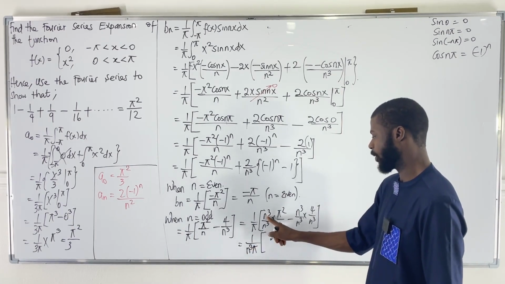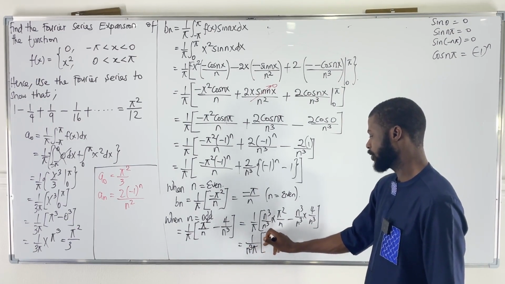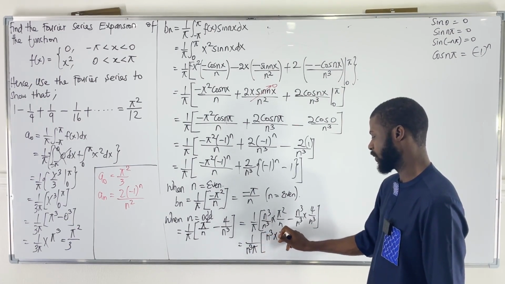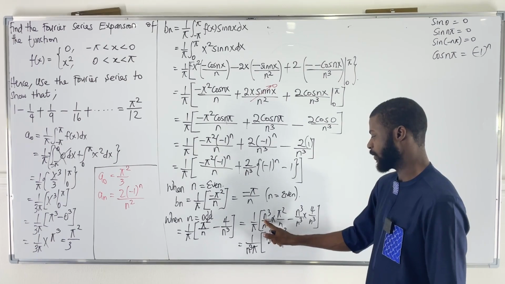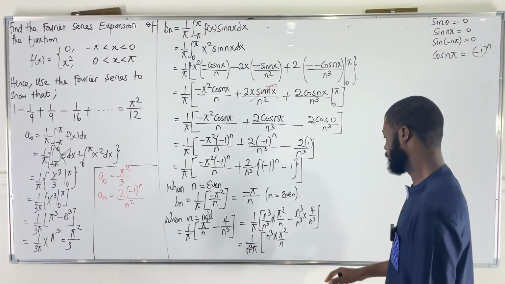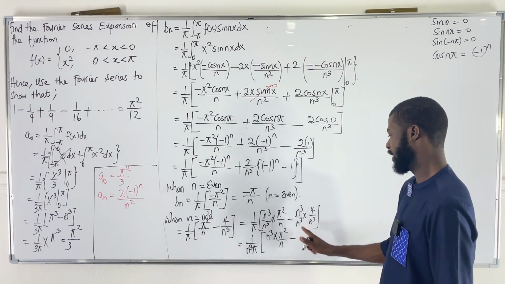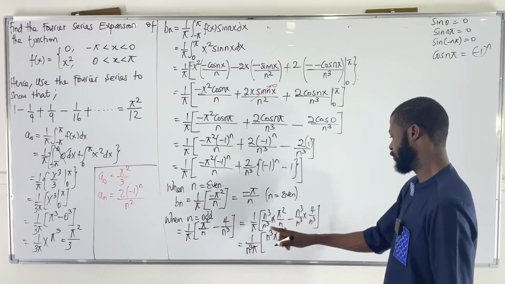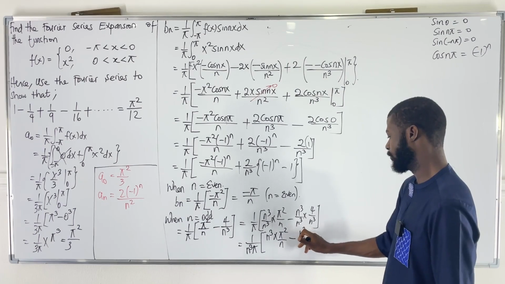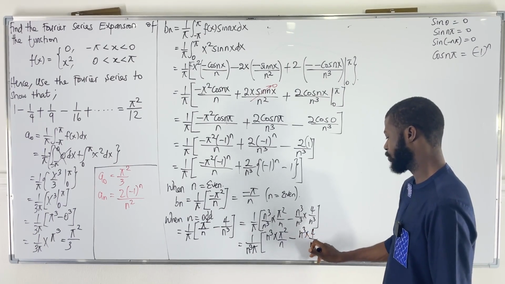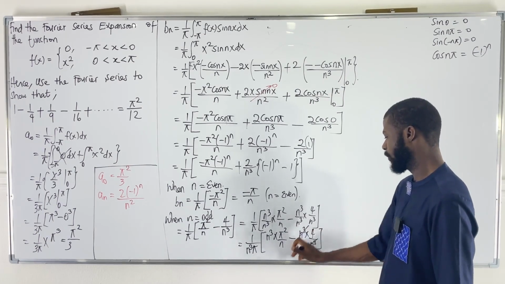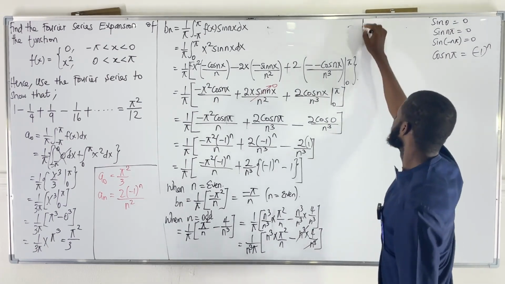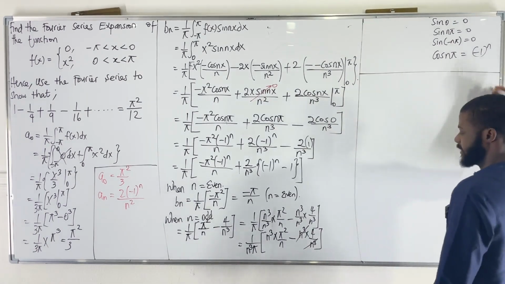What will be remaining is n cubed times pi squared over n, and then minus n cubed times 4 over n cubed.